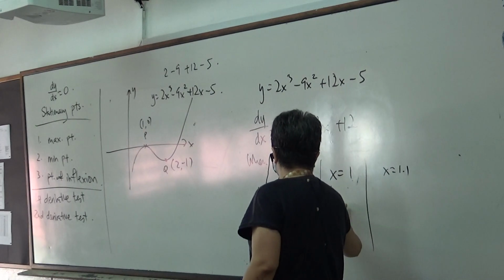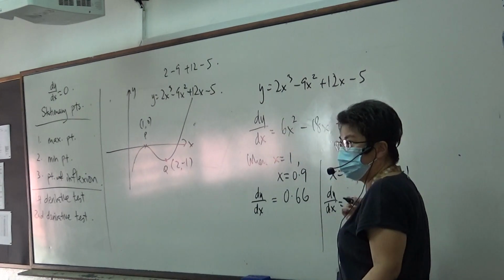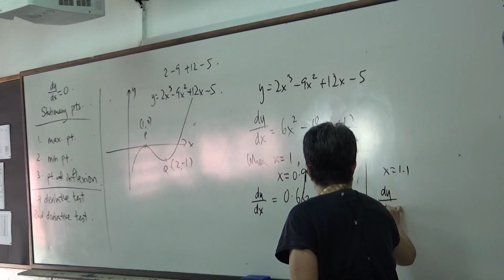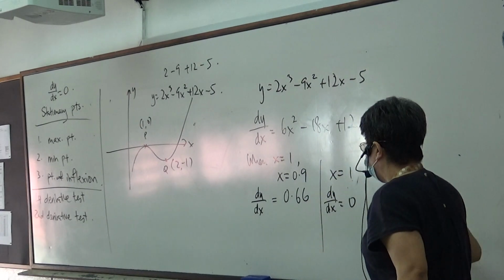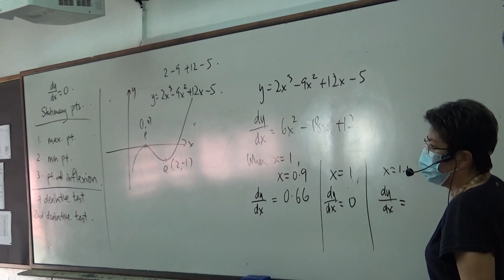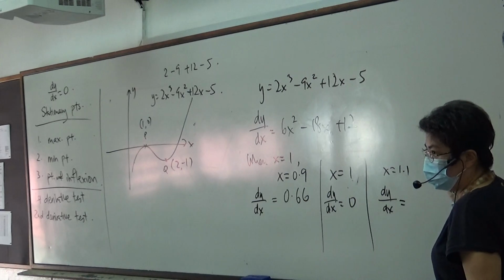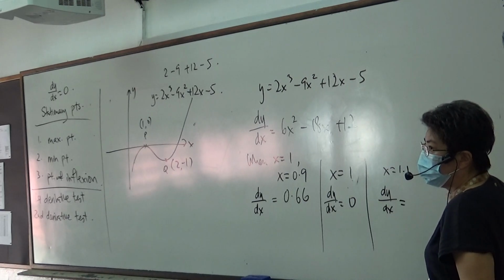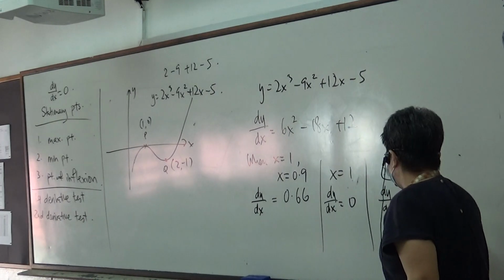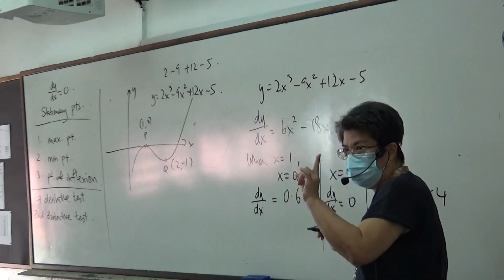If not 0 die already what? Just now we said 0. Right? How about this one? Plug in 1.1. All of you now. Negative. Exact. Okay, all of you look, all of you look.